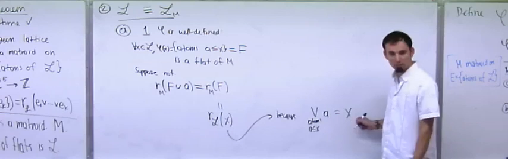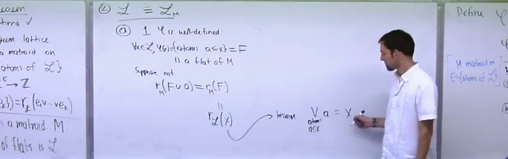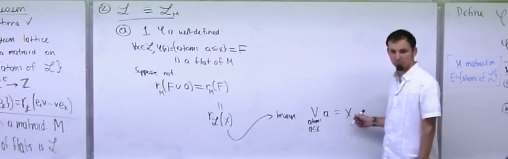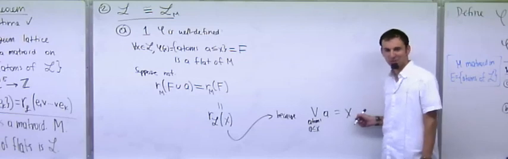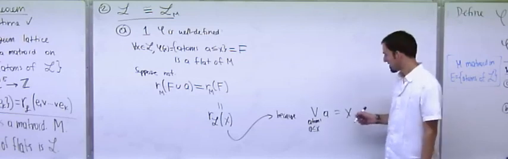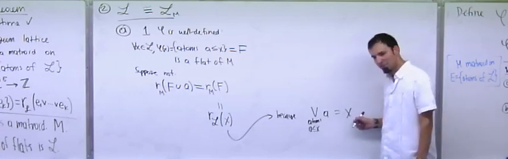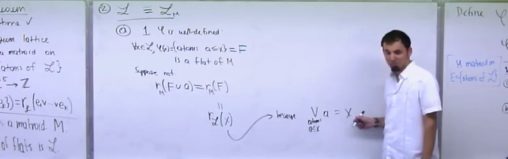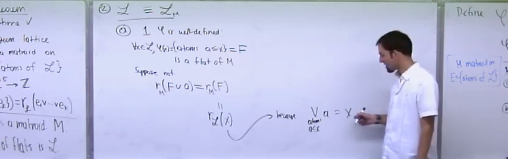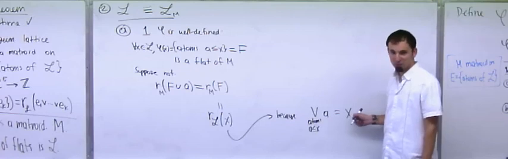Why is this? It's actually not obvious. But what you have to do is say, well, remember, this is a geometric lattice. If it's geometric, it's atomic.